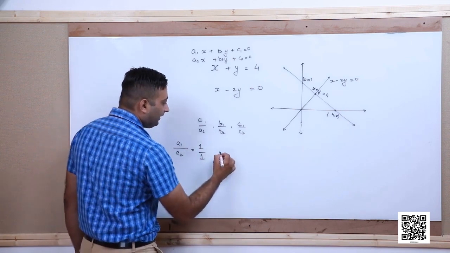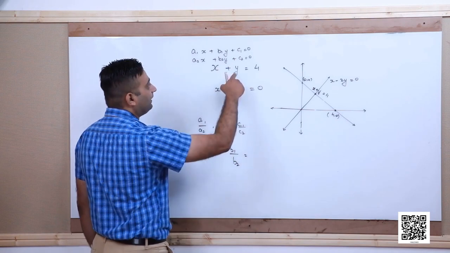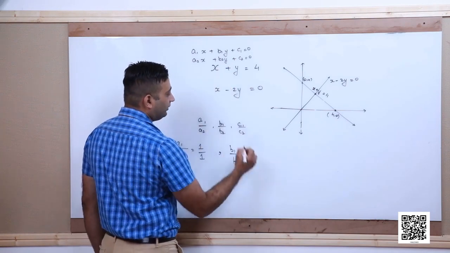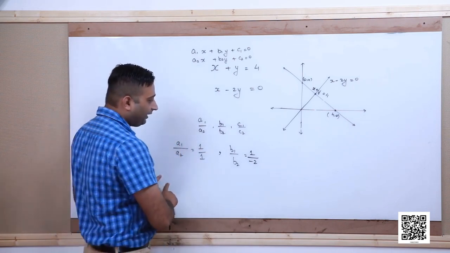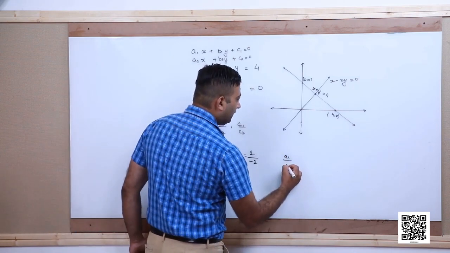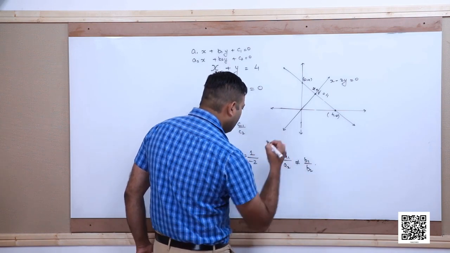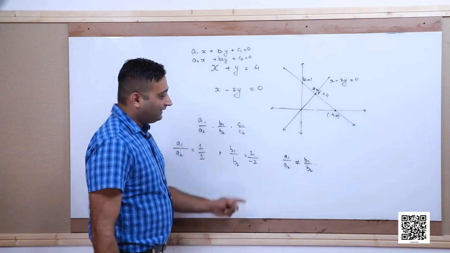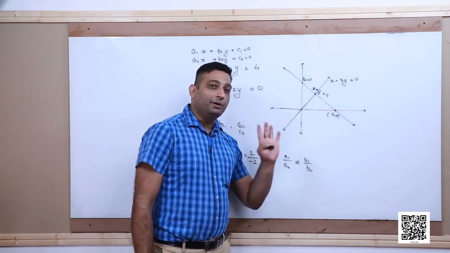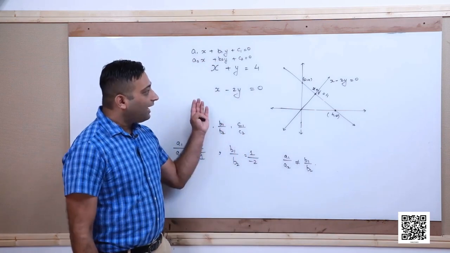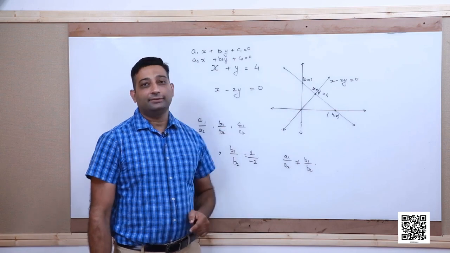Now, let us compare b1 by b2. b1 is 1 and b2 is minus 2. We can clearly see that a1 by a2 is not equal to b1 by b2. So, when the ratio a1 by a2 is not equal to b1 by b2, the graphs of these linear equations will intersect.